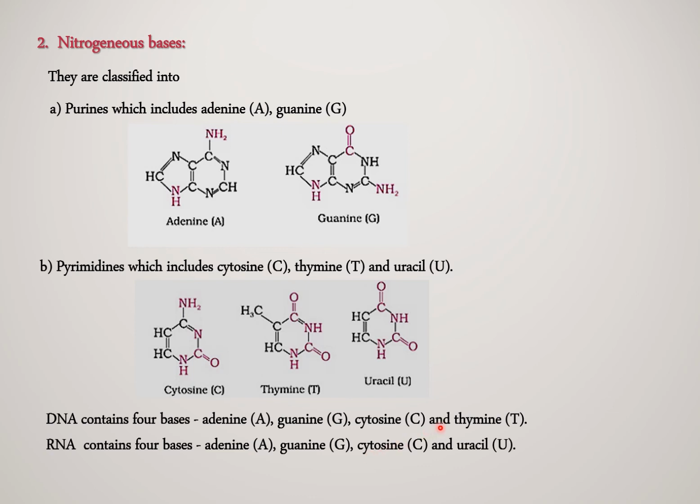The DNA is having thymine, whereas RNA has uracil. So let us remember this as DNA has A, G, C and T, whereas RNA has A, G, C and U. You must remember this very well.